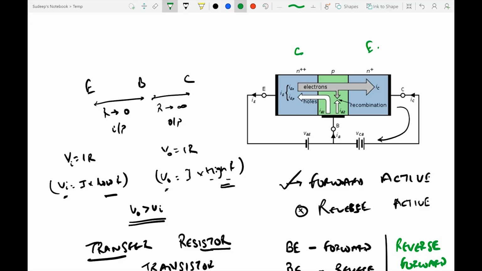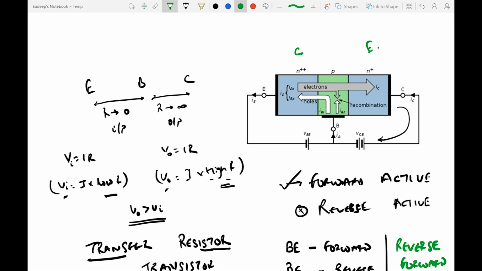Now the working would happen similarly because it's the P region sandwiched between two N regions, but the efficiency in reverse bias would be very low because the number of electrons that the collector would emit would be very high, and what the emitter would be able to collect out of it is very low. So we would have further loss of electrons, thereby losing on amplification.